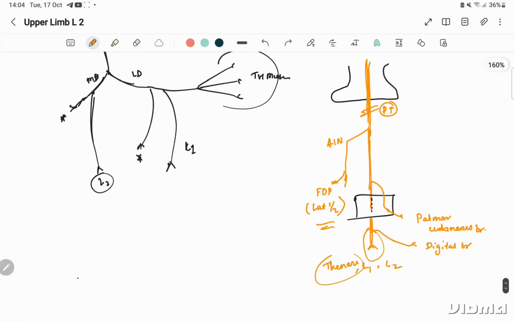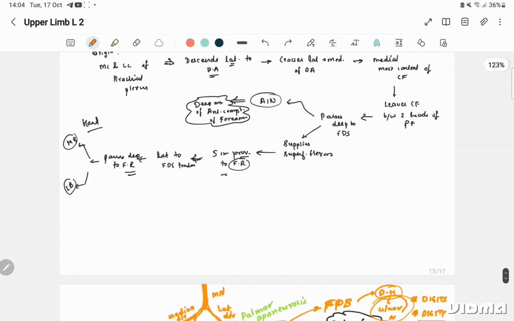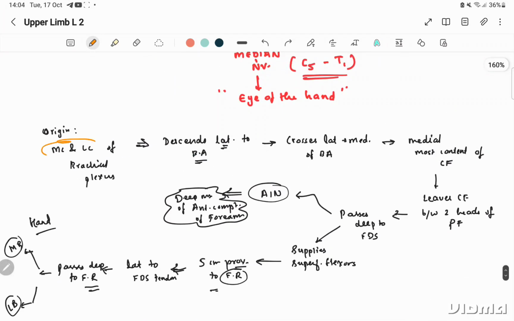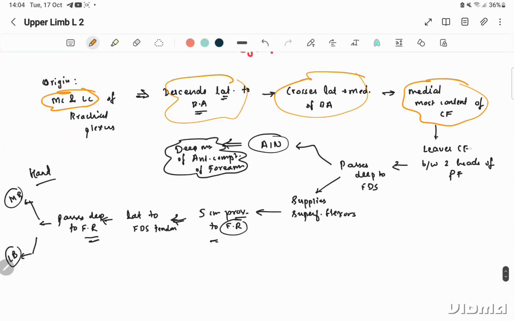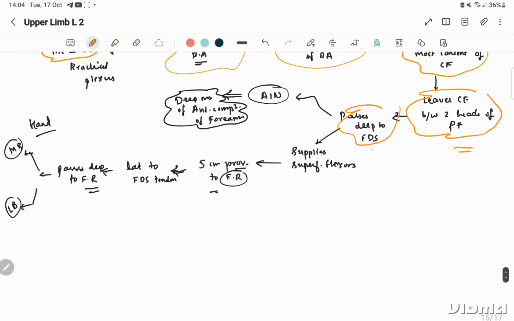So if you could relate this with the course: origin is medial cord and lateral cord, descends lateral to the brachial artery, then crosses from lateral to medial, then becomes the medial-most content of cubital fossa, leaves cubital fossa between two heads of pronator teres, passes deep to flexor digitorum superficialis, where it divides into anterior interosseous.